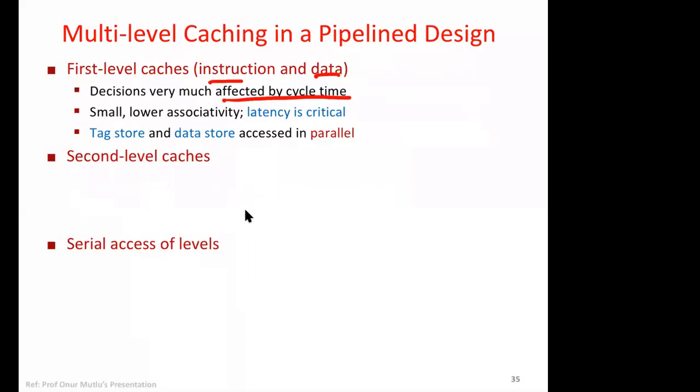So it has to be very small, because smaller is faster, and it has to be of lower associativity, because if associativity is very high, there is a delay because of comparator units and multiplexer units. That delay is to be avoided. So latency is very critical at first level, because within a clock cycle you have to do all these operations. Tag values and data values are accessed, and all these things happen in parallel.